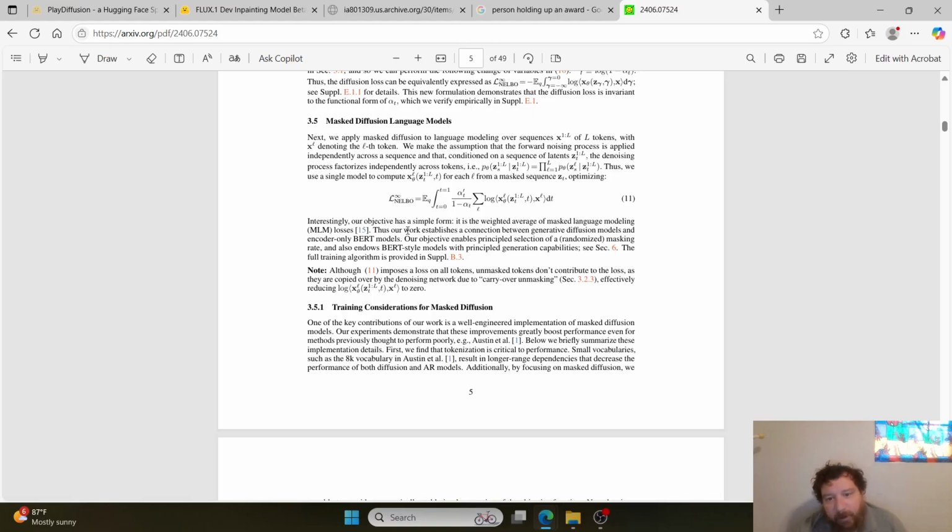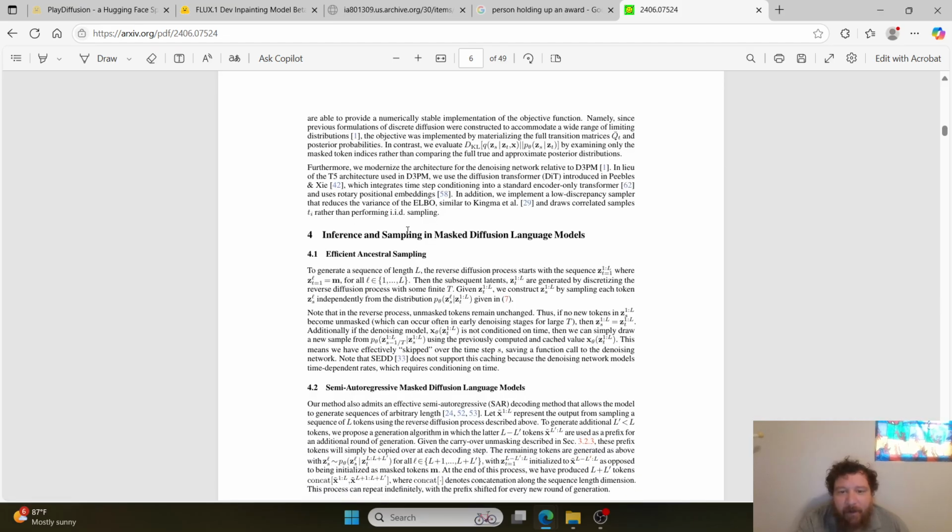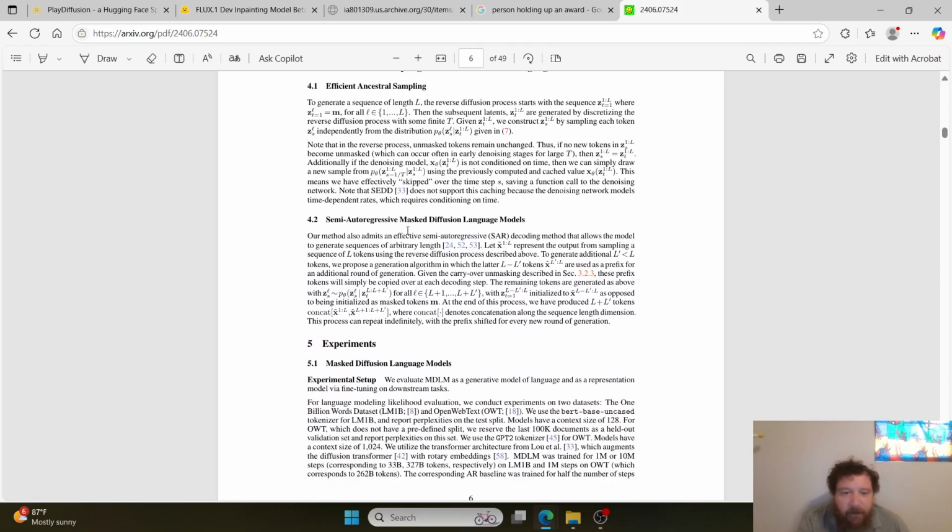Our objective enables principled selection of a randomized masking rate, and it also endows BERT-style models with principled generation capabilities. So essentially, you can turn a BERT-style encoder directly into a diffusion language model, and it's just that easy to do, right? You add that mathematical equation, add some training on top of it, and there you go.